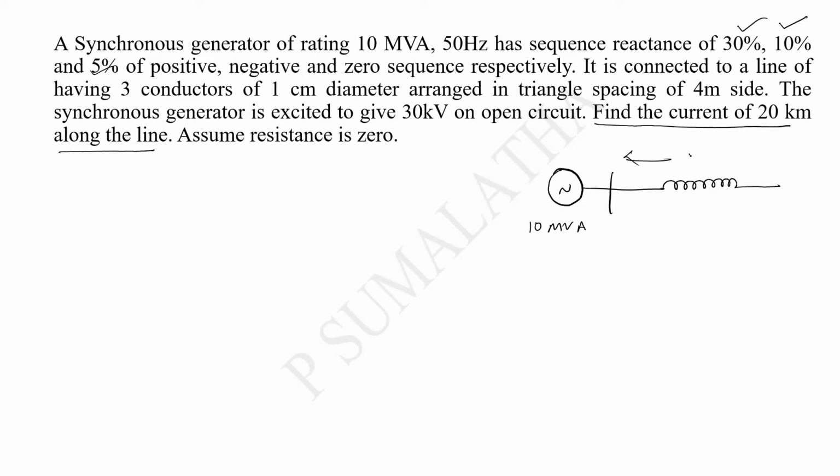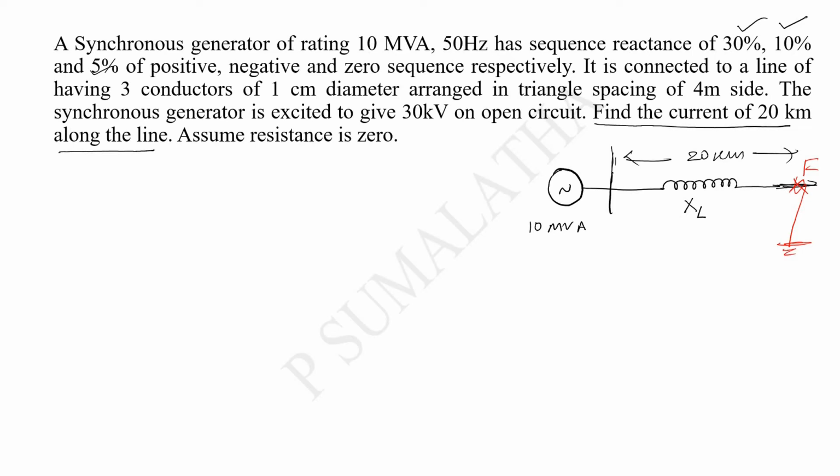Let us say from the sending end side, 20 km distance, somewhere with respect to this terminal, we need to find the fault current. In this problem no reactance value is provided for the transmission line, but he has given the information which we need to find the inductive reactance.